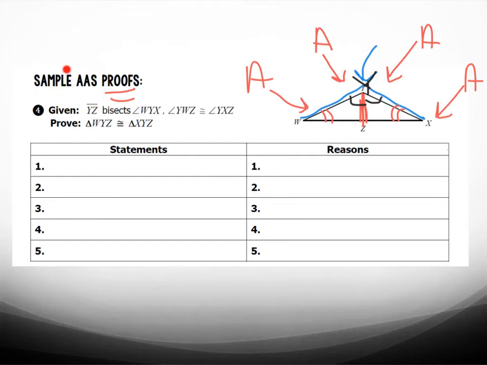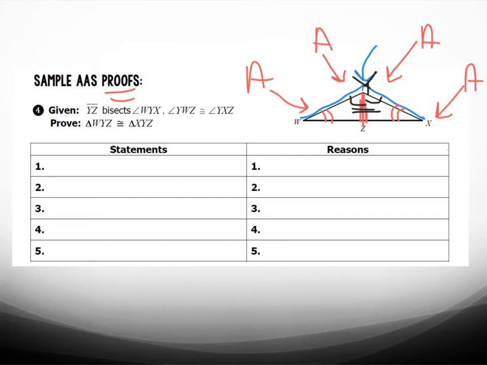But take a look over here. This one says that we can prove it if we have an angle, an angle, and a side. And look, we have that. I go from an angle to a side, and over here an angle to a side. So I've pre-planned, and I can see what direction I'm going into. So now I can begin to write in my statements and my reasons.